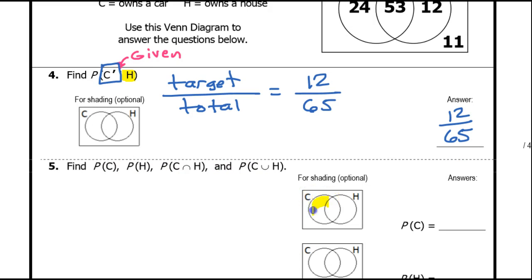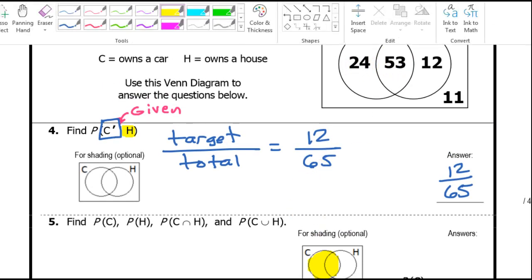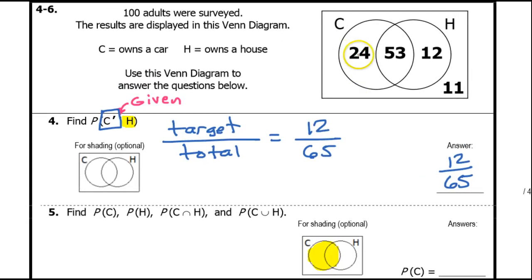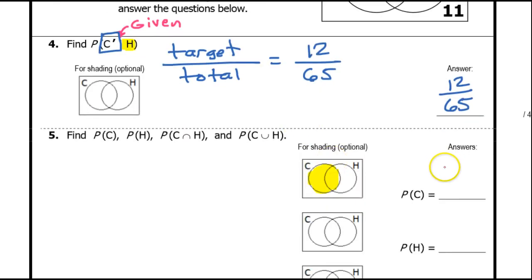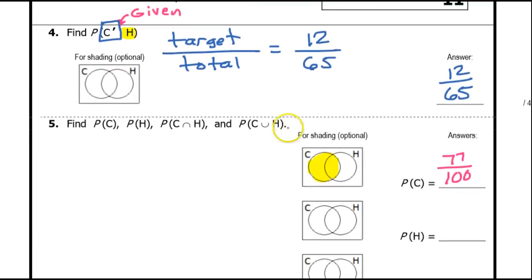C is this. So in this diagram, that's 24 and 53. Okay, so if you add that up, that is 77. So we're going to have 77 out of 100. All right, remember we already know that the total is 100.